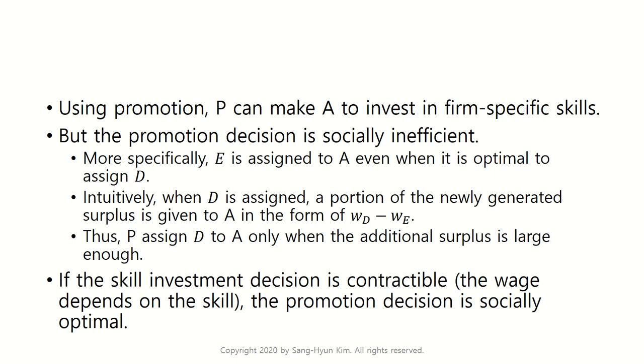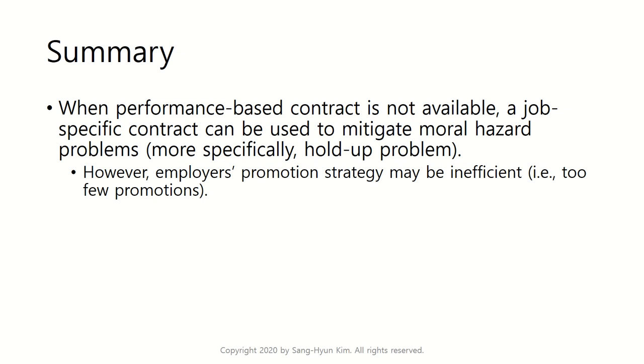All right, so that's basically it. That's the lesson that we can learn from this. When a performance-based contract is not available because performance, or output, or revenue, whatever, is not verifiable, we cannot write an incentive scheme based on X. Then we can use a job-specific contract, a job-specific incentive scheme, to mitigate the moral hazard problem.